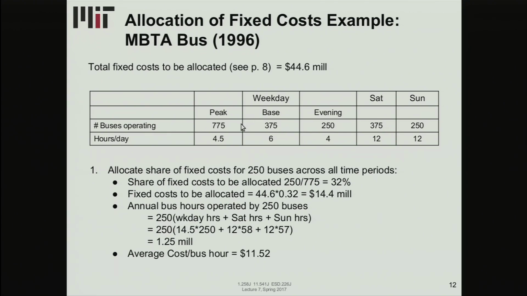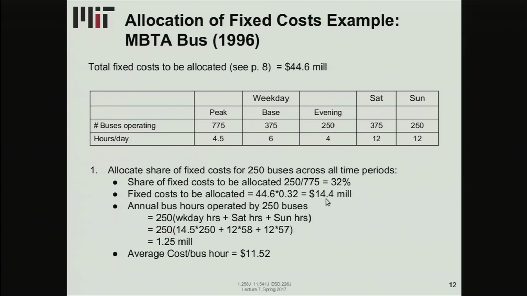And then there's an additional 400 buses that are operating only in the peak during the weekday. Okay, so let's allocate costs to the 250, the additional 125, and the additional 400, according to how long they operate and how much it costs based on the unit costs that we calculate in this example.